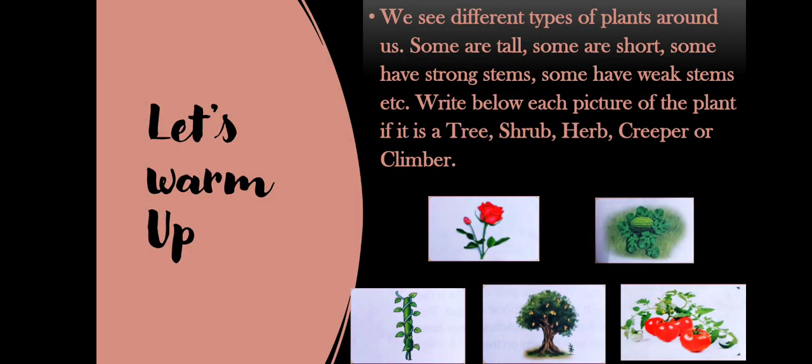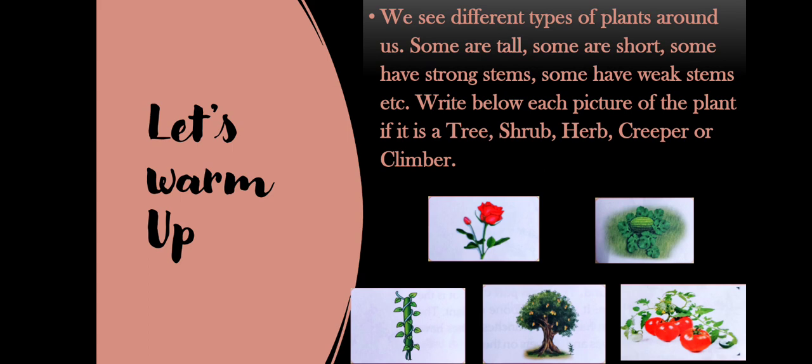We see different types of plants around us. Some are tall, some are short, some have strong stems, some have weak stems, etc. Right below each picture of the plant, it is given whether it is a tree, shrub, herb, creeper or climber.